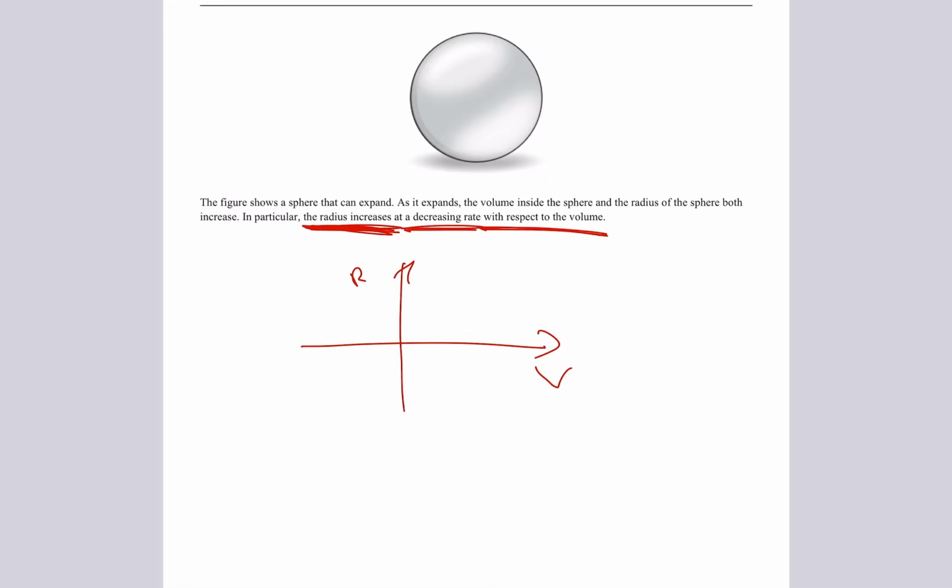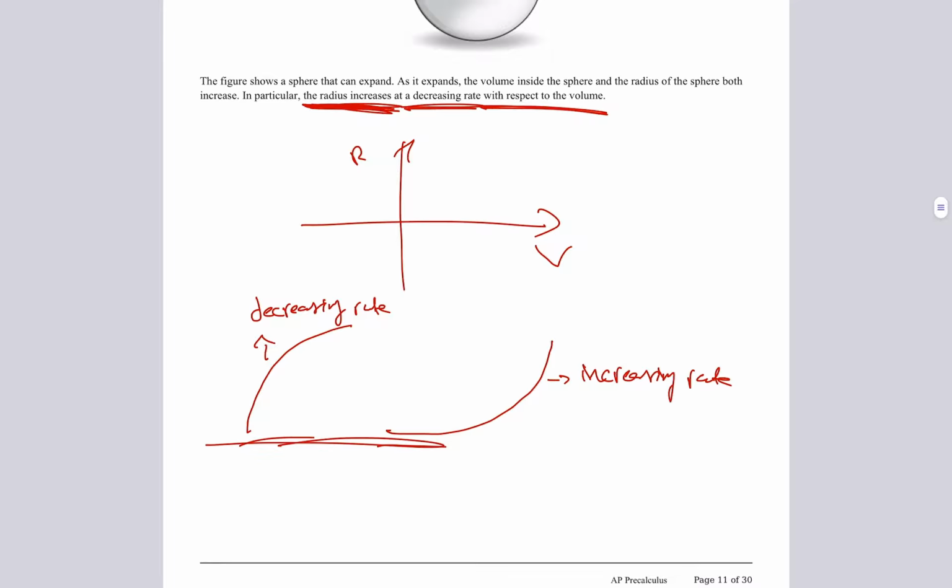So let me show you 2 graphs where the function is increasing. This is a function increasing, and this is also an increasing function. But this function is increasing at a decreasing rate, correct? And this function would be increasing at an increasing rate. Remember, both functions are increasing.